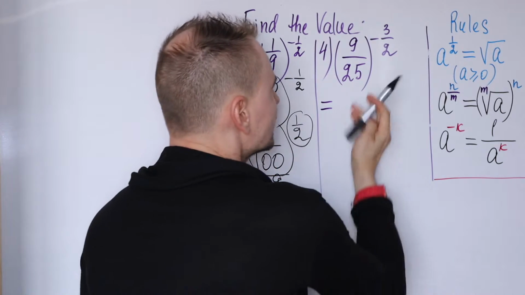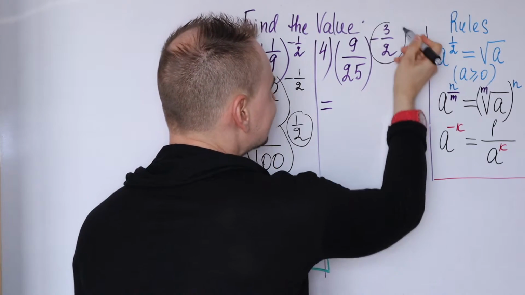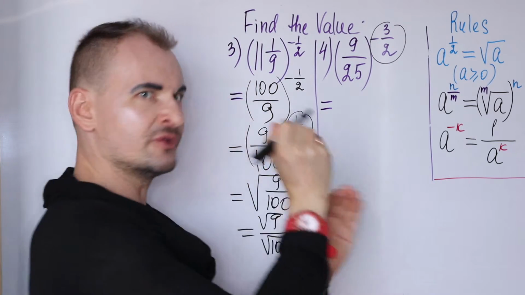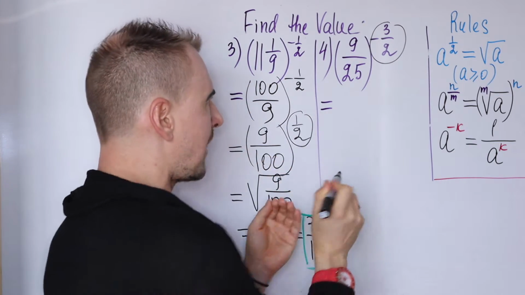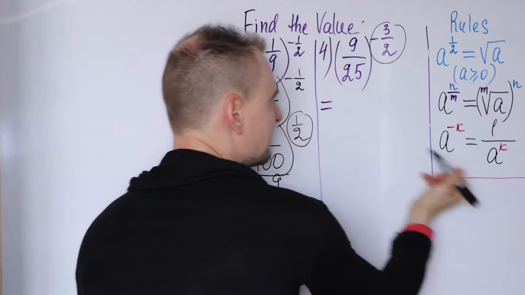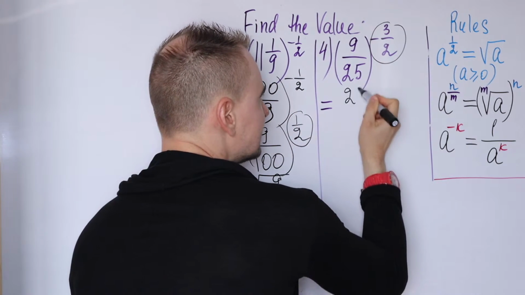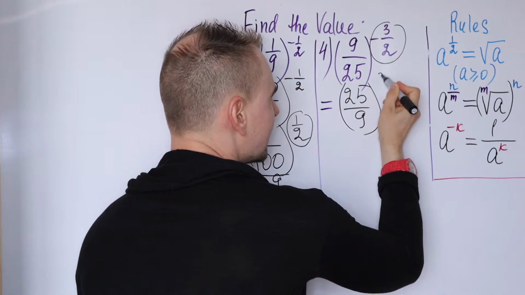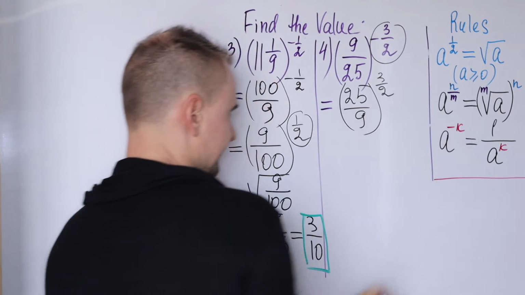So it's a negative power, negative 3 over 2. First thing to do, you want to get rid of this negative power by taking the reciprocal of your fraction. So 25 goes on top, 9 goes on bottom, and your power becomes positive.